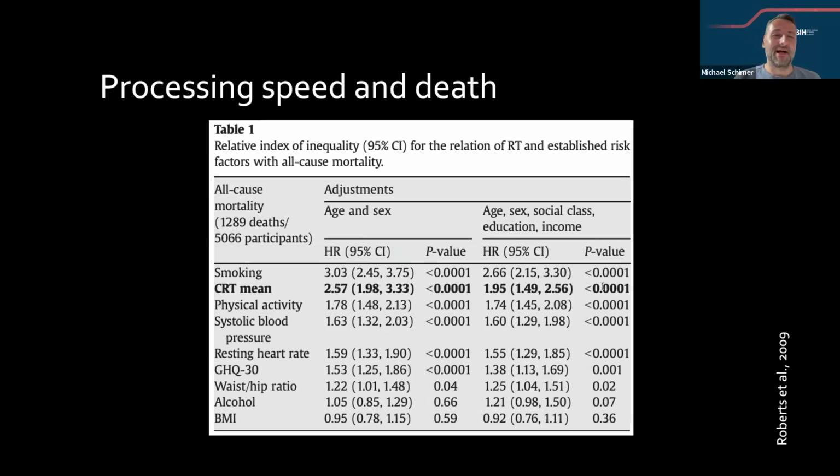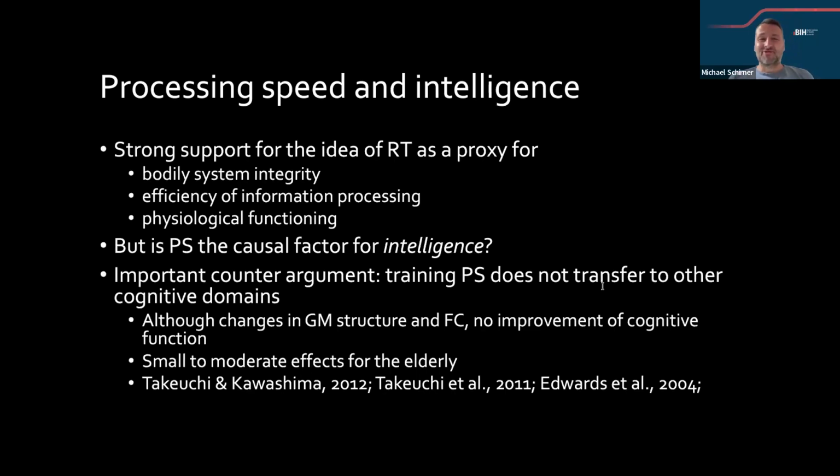Smoking is a bigger killer, but in second place is reaction time as the strongest predictor of impending death, even before physical activity, blood pressure, resting heart rate, and so on. All these typical indicators of disease and impending death correlate less than this super simple reaction time, processing speed. So there's strong support for the idea that reaction time is some proxy of bodily system integrity.